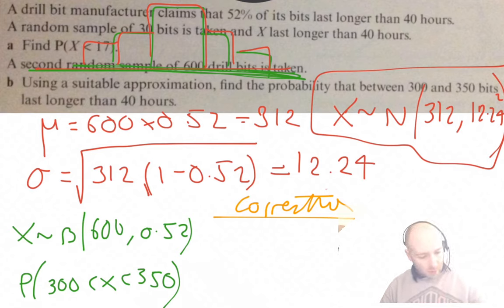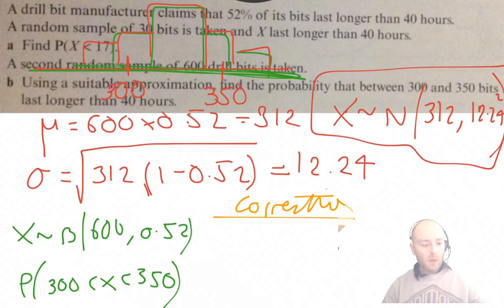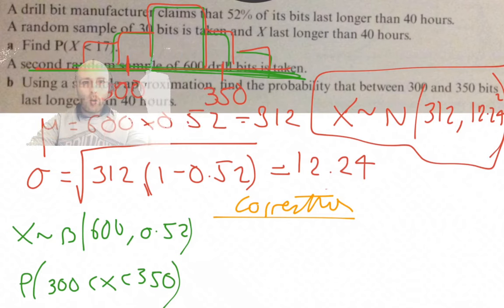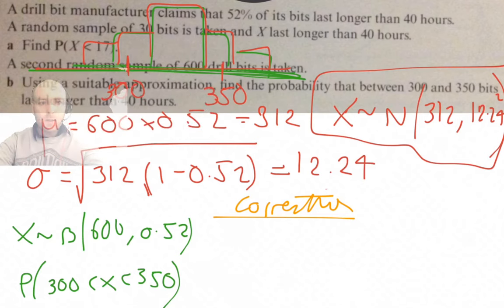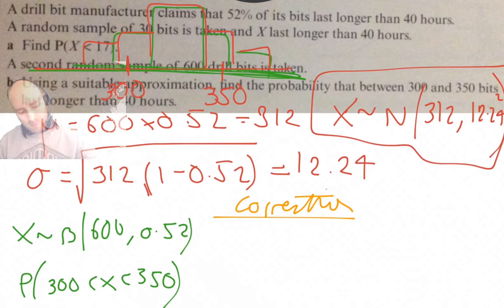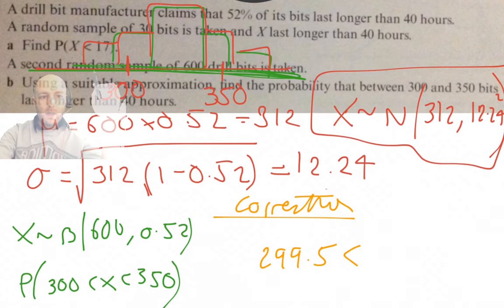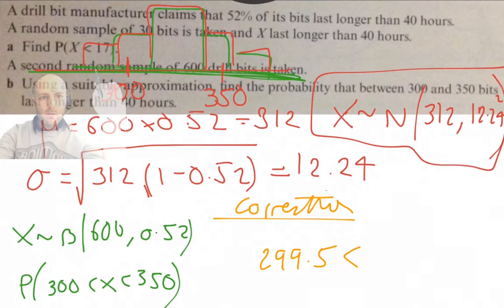So we want it between, if we call this one 300 and this one 350, we want to include all of the 300 bar. So we want to include all of this. So to do that, we need to go from 299.5 and then for the upper bar, we want to, oh wait, hang on.